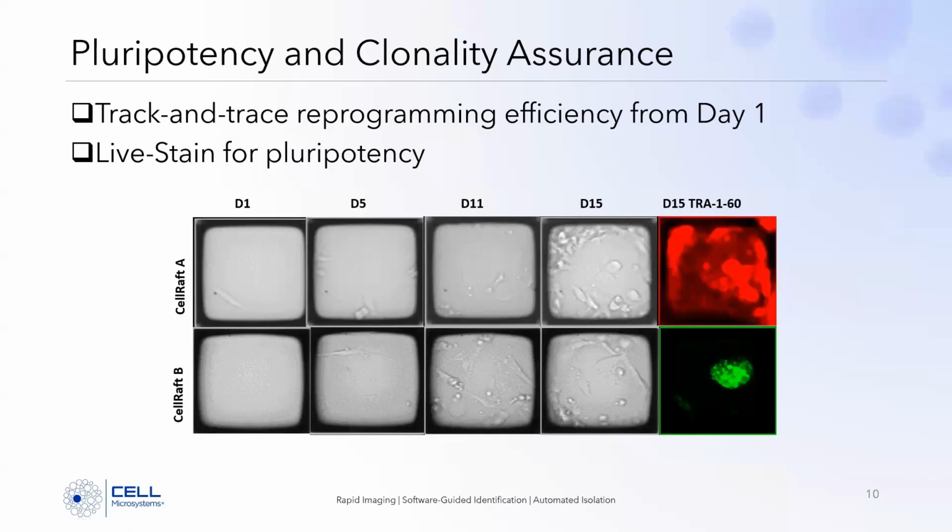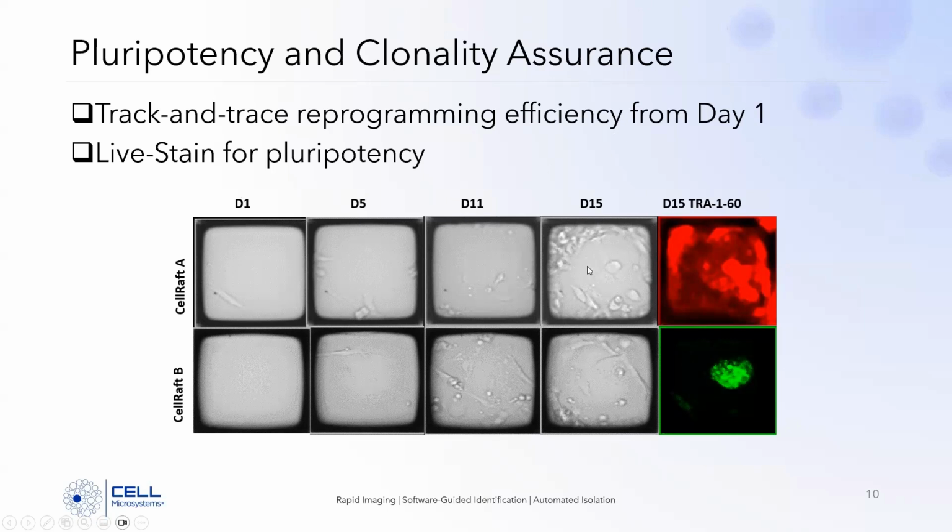In addition, the other benefit of the technology is not just that we can find these individually segregated clones, it's also that we can track and trace the reprogramming efficiency from the very first time that we start. So unlike in that lawn of cells where you are not sure that you've derived your clone from a single cell, you can actually confirm that upfront using our technology. As you can see here in 2 different examples, cell raft A and cell raft B, there's a single cell at day 1.